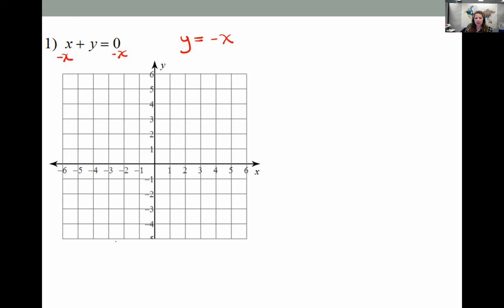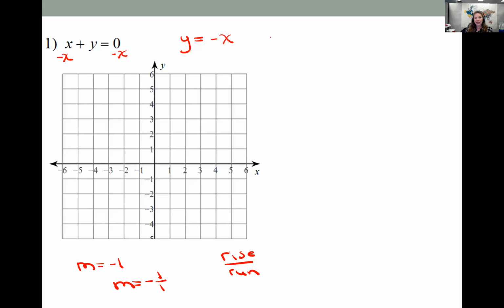So our slope is -1. And can I write that as a fraction, rise over run? Yes, I can write -1 as 1 over 1. So I'm going to write our slope as -1 over 1. That's in rise over run form.